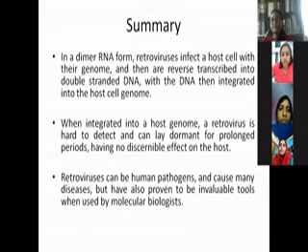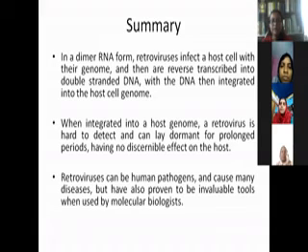So to summarize, in retrovirus the genome RNA occurs as a dimer, and it infects the host cell with this genome.